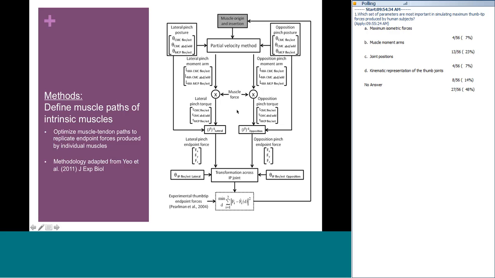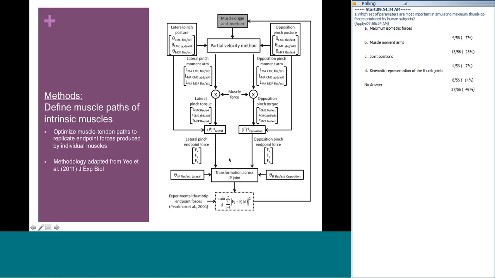We multiply that by the muscle force in the cadaver experiments. This is a known value that the experimenters applied to the muscle, and we get out lateral pinch torque. Because we're studying the intrinsic muscles, they only produce torques about 3 degrees of freedom. So we transform those torques through the Jacobian to get to an endpoint force, which isn't located on the distal phalanx.